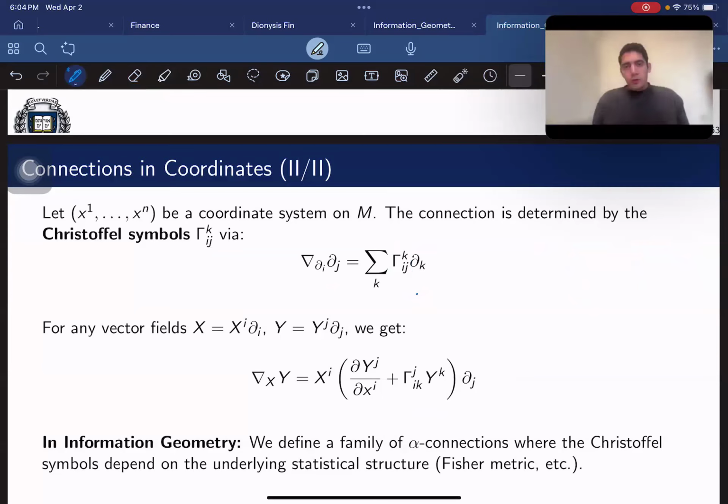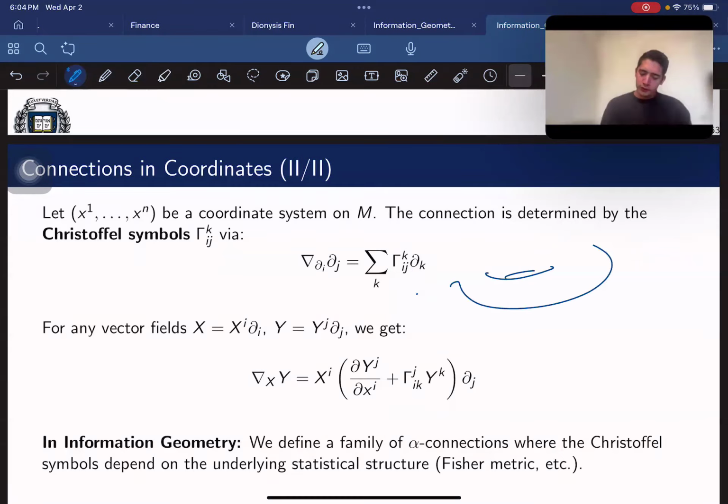Now I want to talk about geodesics and their relationship with connections. So if you remember from the last session, we defined geodesic to be between 2 points.